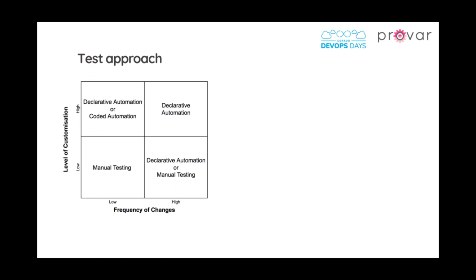So how much customization you have in terms of your configuration and your code and all of that is going to also increase with the level of need for automation in those respective environments, because the number of customized elements that you may have is going to make your manual tests a lot more complex, and that's going to make things behave in a way that isn't necessarily determined.